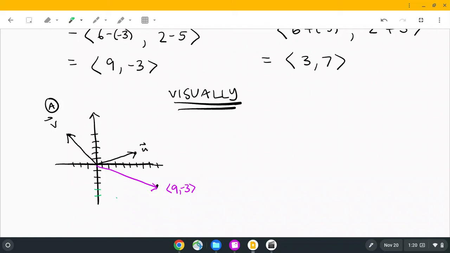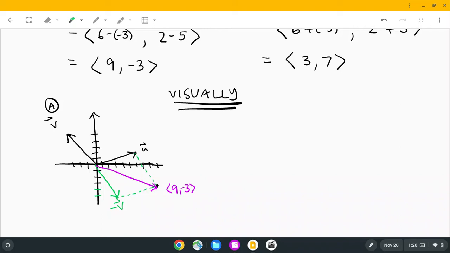So 3, negative 5, which is here. So this one is negative v, okay? And so what happens is this 9, negative 3 is the diagonal of this parallelogram, okay?